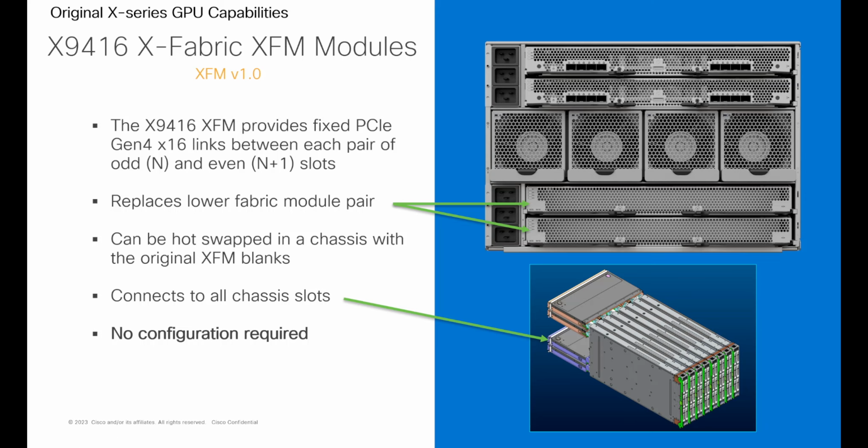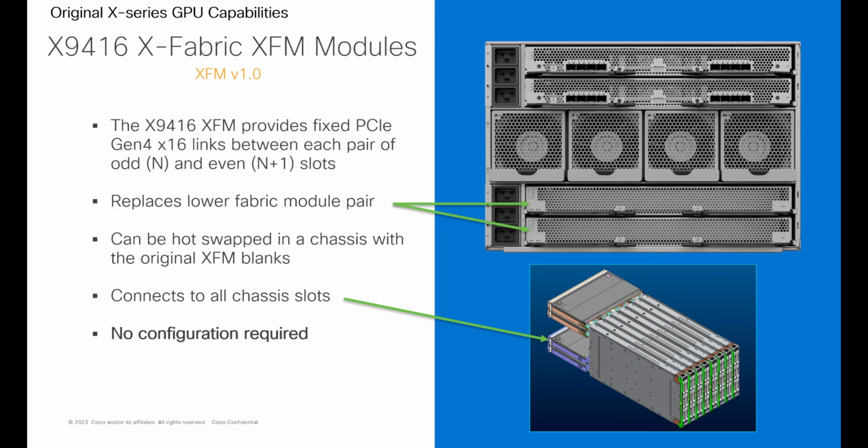These XFMs have no external ports. If we're just looking at the image here, you can see it's got this wire mesh, and a couple of arms that help you eject or insert the module into its slot, but there are no ports on this module. What that means is that the XFM handles intra-chassis traffic only, meaning within the chassis.